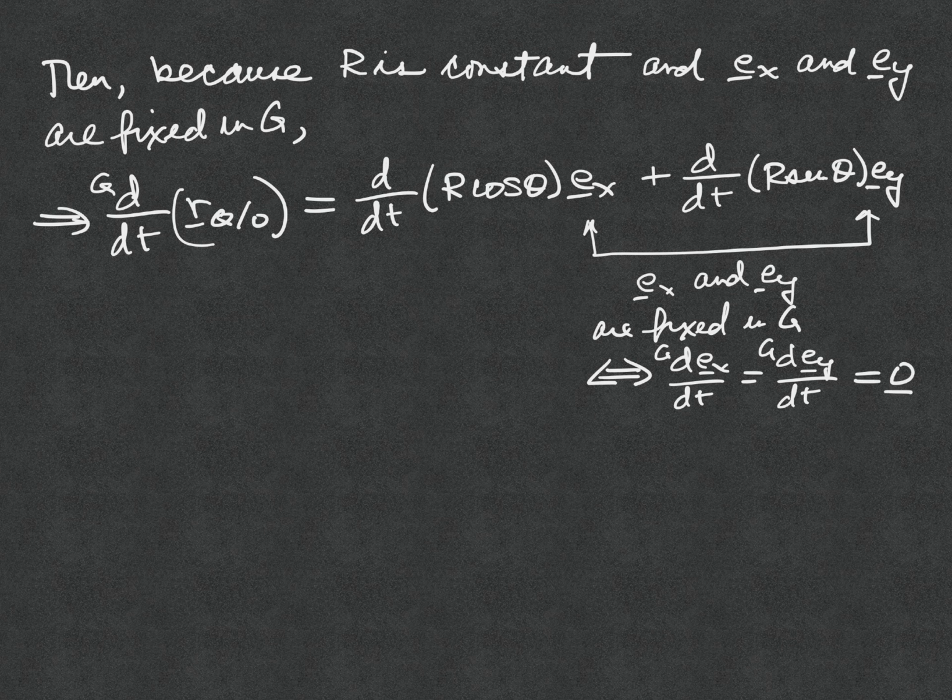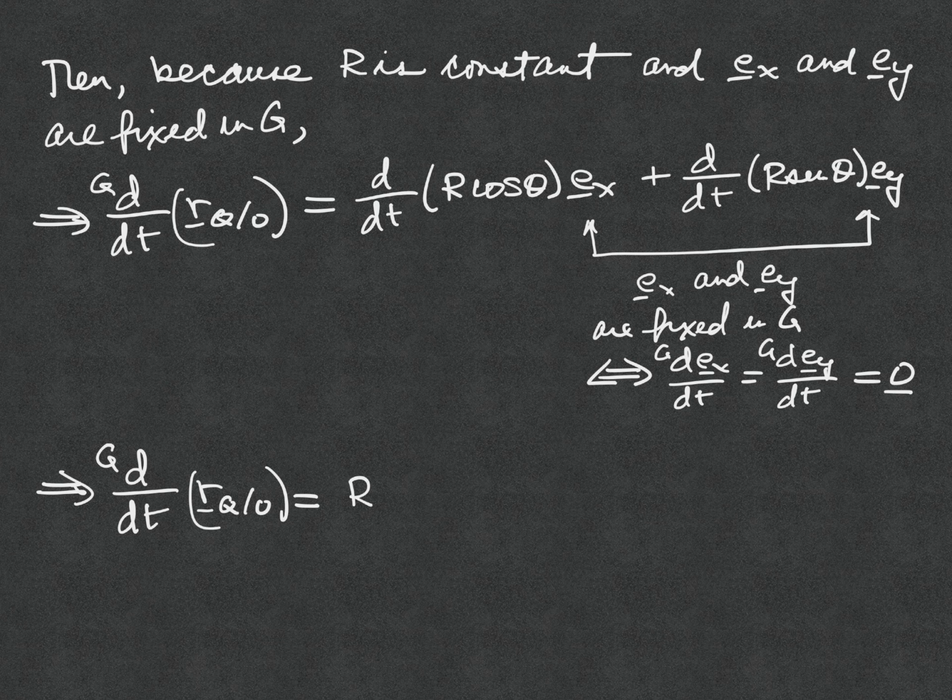So I would have a product rule. I'd have the derivative of the first times the second plus the first times the derivative of the second, but there is no product rule in this case because these basis vectors, EX and EY, are fixed in G. So as a result, I can now write that the rate of change in G of the position of Q relative to O is equal to, well, as I said, R is constant.